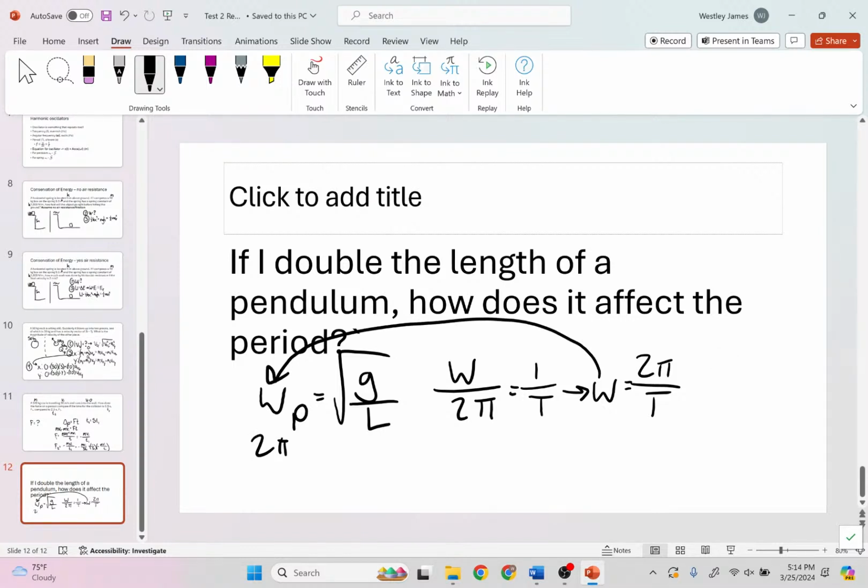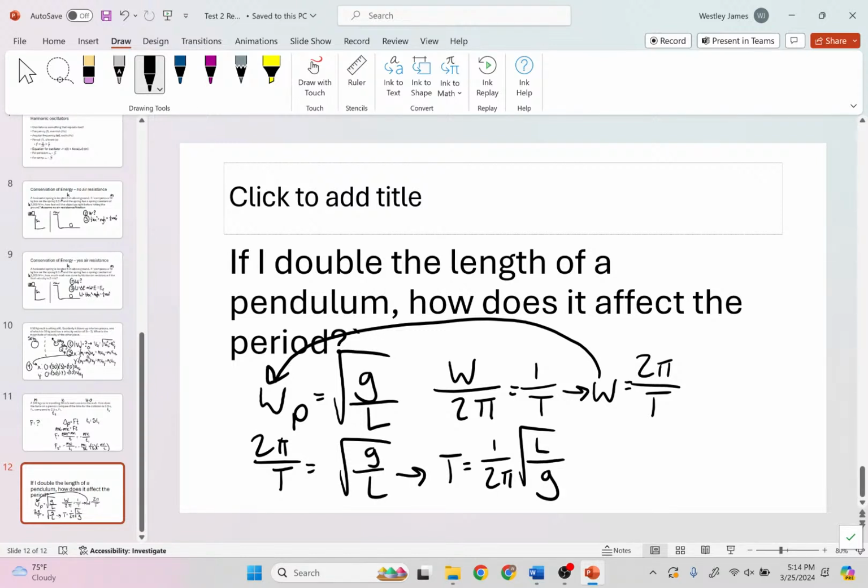So 2 pi over T equals the square root of g over L. Do some algebra. If the thing you want is on the bottom, do 1 over everything. Flip everything. So I'll let you all have a great time with this, but T is going to equal 1 over 2 pi square root of L over g.